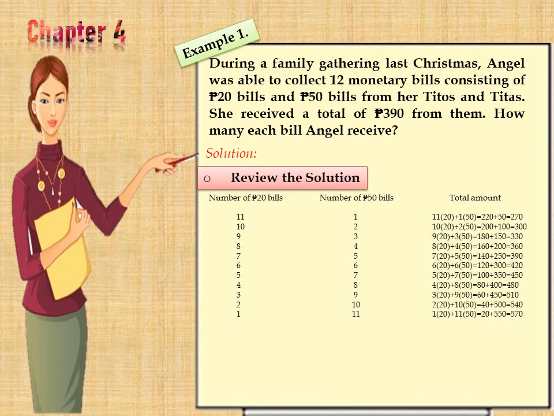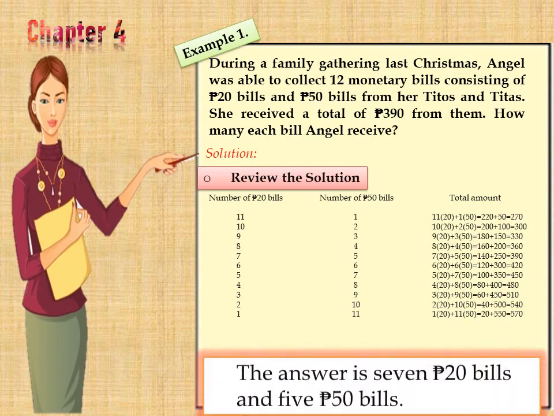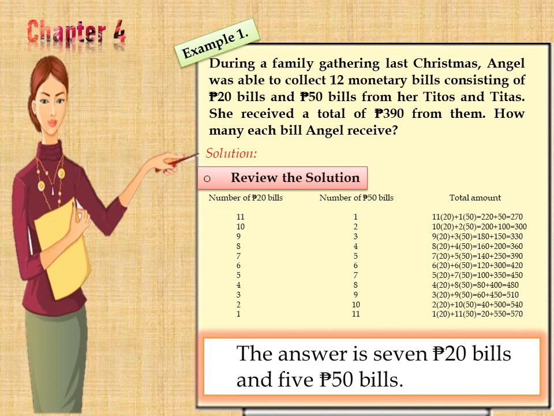So the total amount would give us 570 in all. So take note that in our table, only one distribution resulted in 390. So hence, the answer is 7 20 peso bills and 5 50 peso bills.